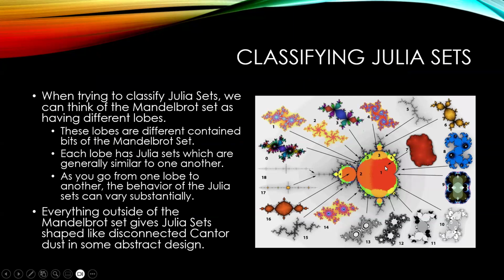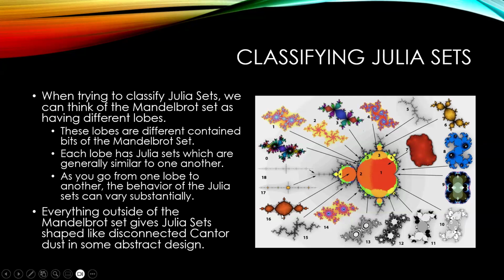If we're choosing from a different region, like let's say this region 3, they're all going to look kind of like this. If we're choosing from something in this central lobe, they're all going to look kind of like this. If we're choosing something over here, we're going to get something like this. And so we end up getting that all of the different regions are going to give us some different shape.